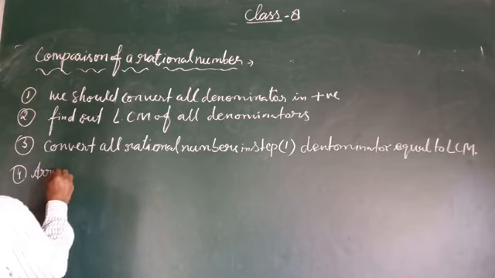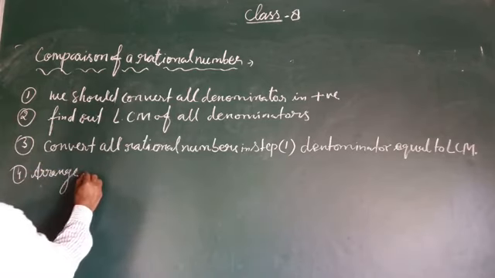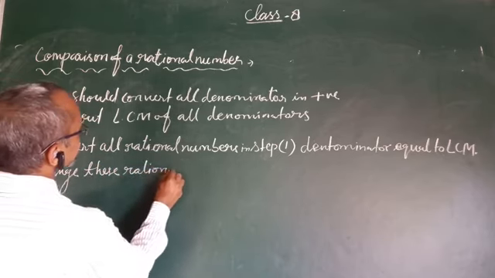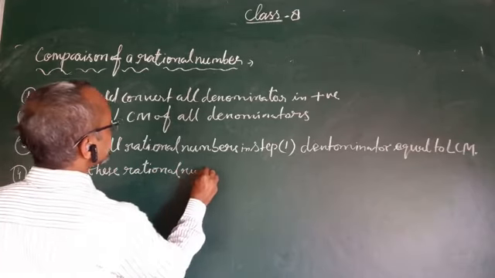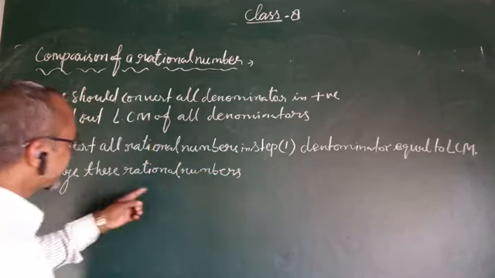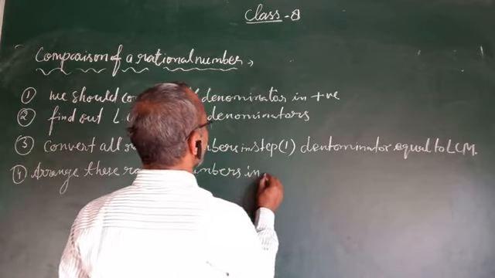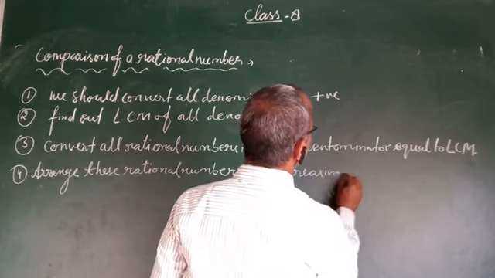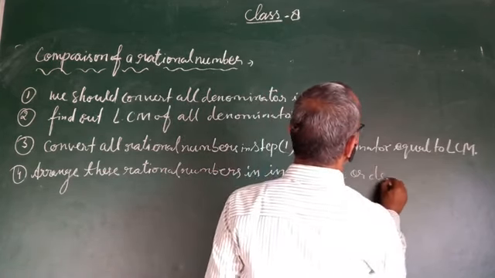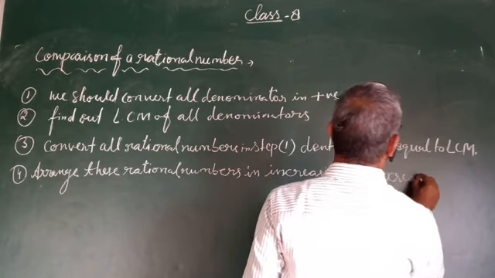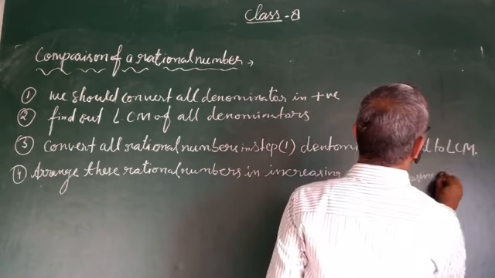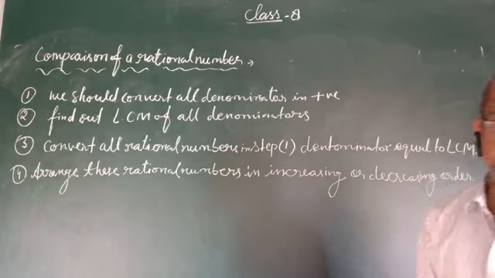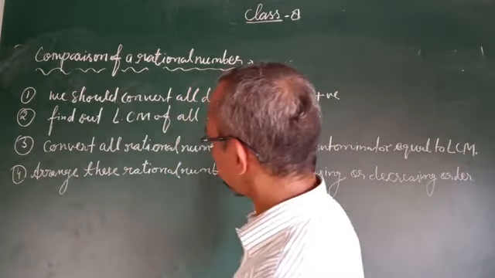Arrange these rational numbers in increasing or decreasing order. Then you will find these numbers are equivalent numbers.